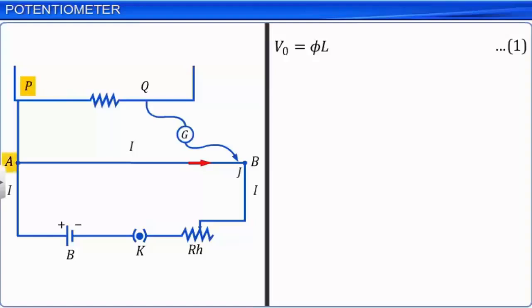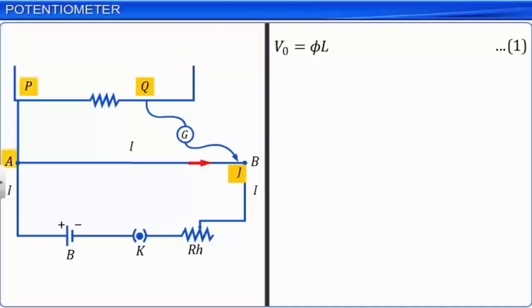As the connecting wire does not have any resistance, the potential at point P is the same as that at point A. Point Q of the resistor is connected to the potentiometer wire through a galvanometer G and jockey J. Thus, points Q of the resistor and J on the potentiometer wire are at a lower potential compared to the potential at point P or A.